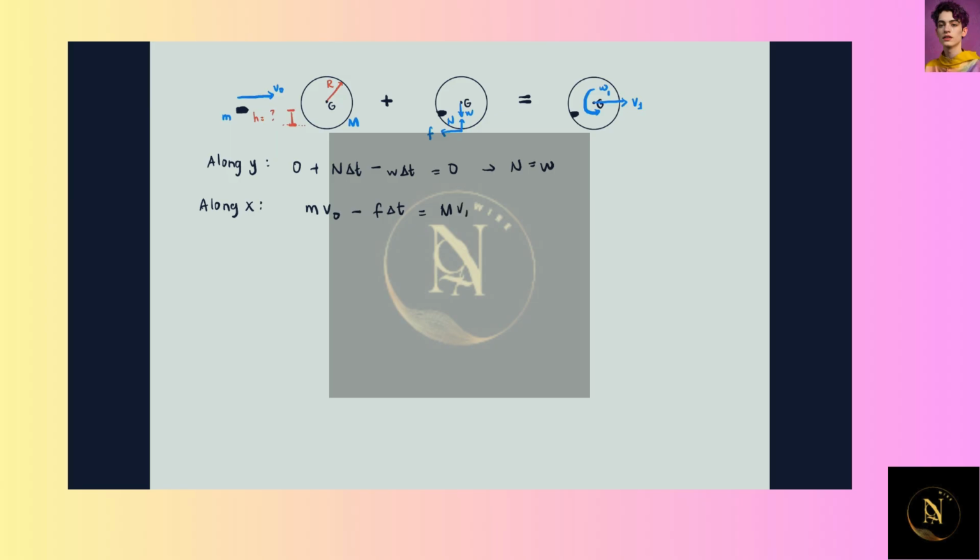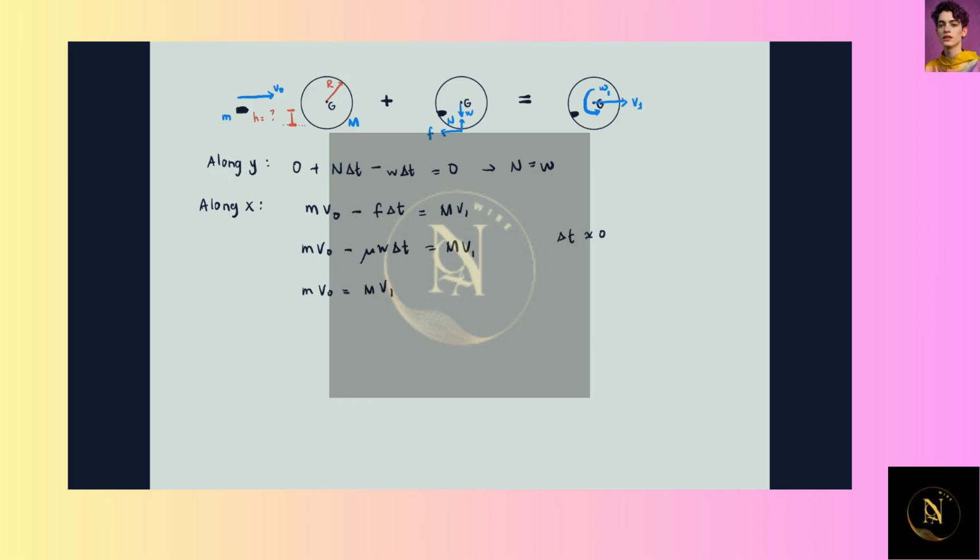Since the normal force is equal to the weight, and the friction force is equal to the coefficient times the normal force, or mu N, our equation becomes m v sub o minus the coefficient times the weight times the time interval equals M v sub 1. Since delta t is approximately equal to 0, this reduces to m v sub o equals M v sub 1.